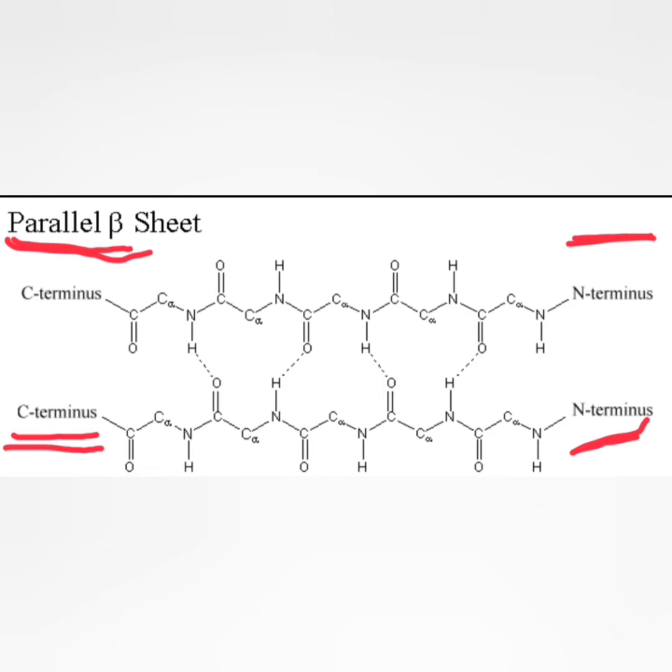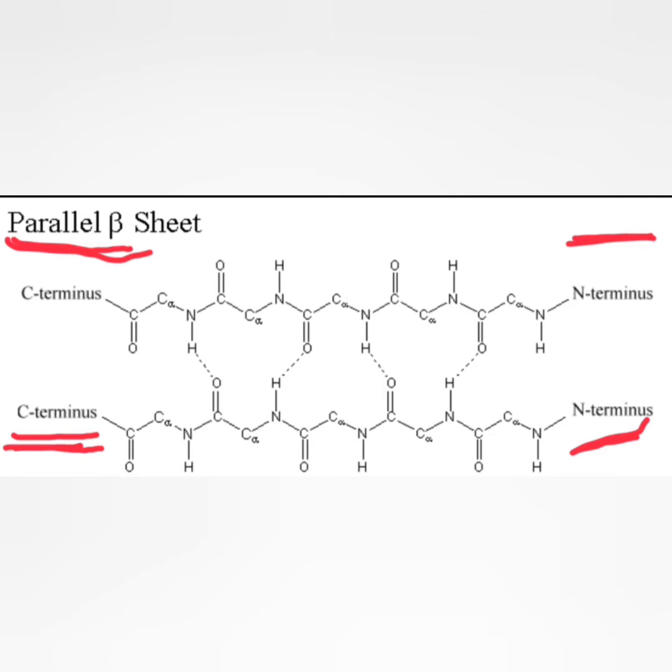So we can have a mixture of the two. These beta sheets can be either parallel or anti-parallel. Purely parallel beta sheets are the least frequent in protein structure, whereas purely anti-parallel sheets, where one runs from C to N and the other runs from the N terminal to the C terminal, are the most common in protein structure.